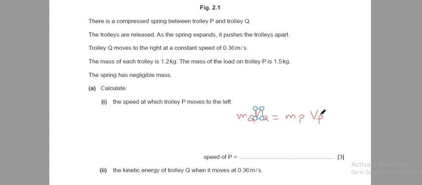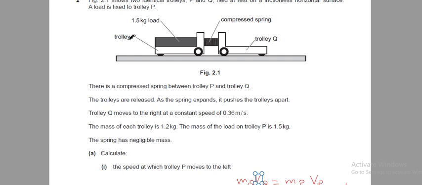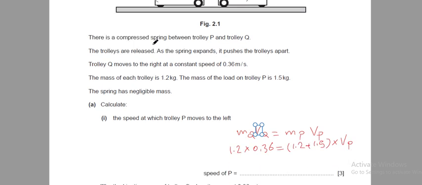Now we will substitute, and we should take care that with respect to trolley B, its mass is 1.2 plus the load above it, which is 1.5.